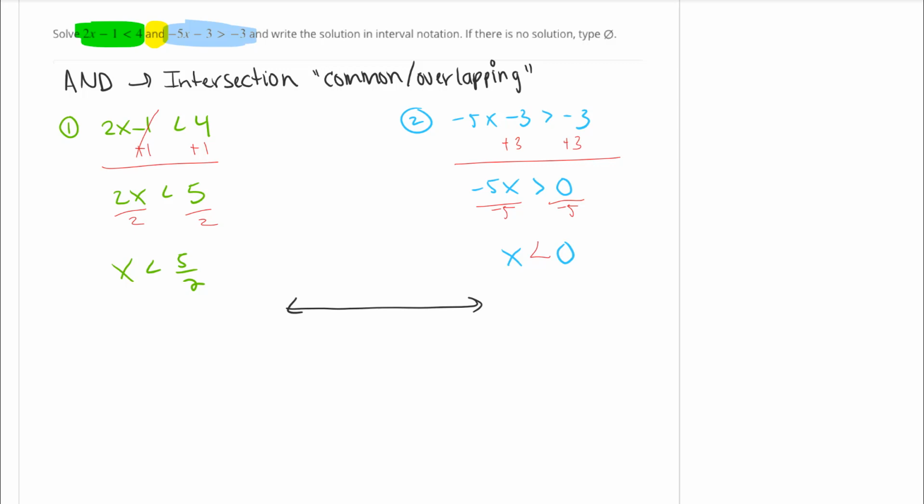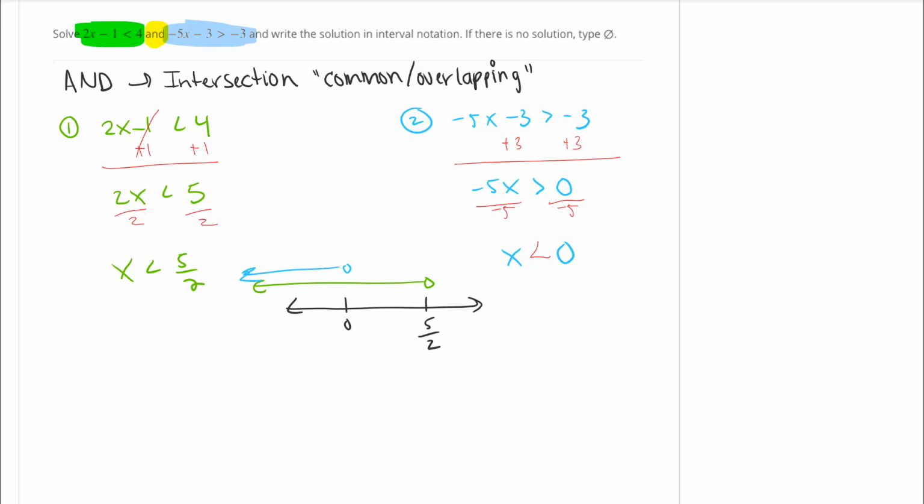So the visualization, the visual with the graph, I know that I have a 0 and I have a positive 5/2. So the green equation is telling me that x is going to be less than 5/2. Okay. From my blue equation, it's telling me that x is going to be less than 0.